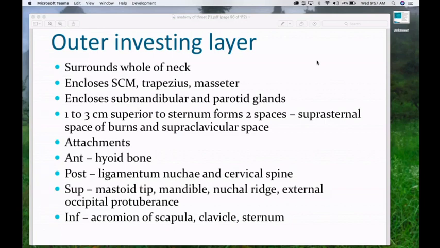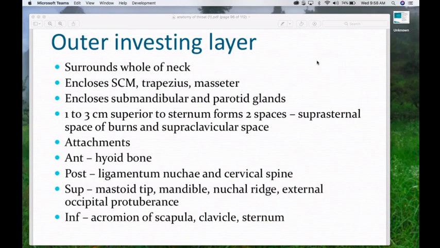It surrounds the whole of the neck and encloses the sternocleidomastoid, trapezius, and masseter muscle, and encloses the submandibular and parotid gland. It is 1 to 3 centimeters superior to the sternum, forming two spaces, the suprasternal space of Burns and the supraclavicular space.